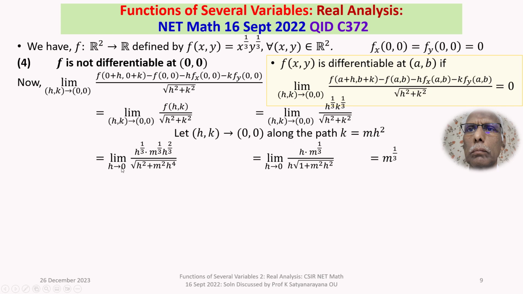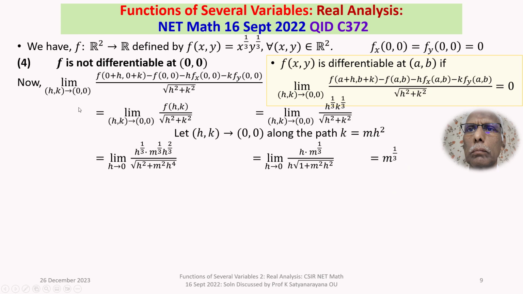In the numerator, h^(1/3) and h^(2/3) give h times m^(1/3). In the denominator, taking h² common, we get h times the square root of 1 + m²h². As h tends to 0, this is m^(1/3).